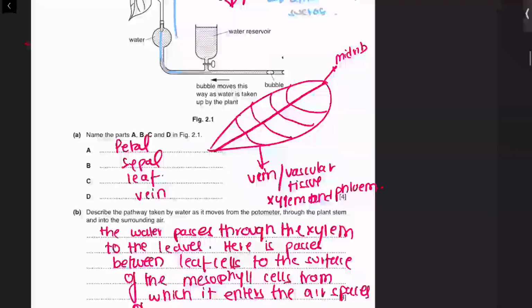Air spaces are located in which layer? Of the spongy mesophyll. Then it exits the leaf through the stomata.